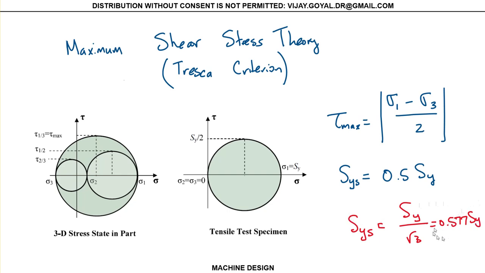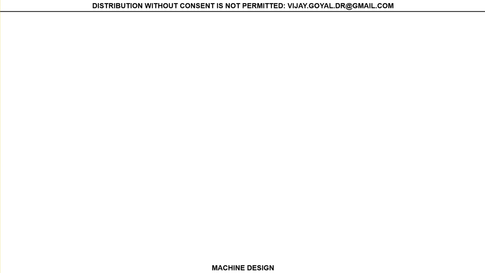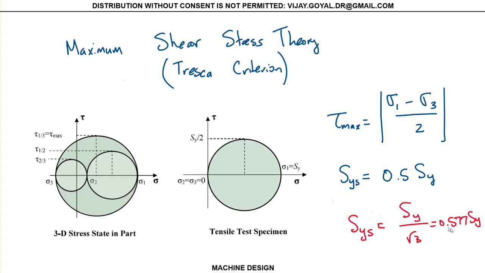This is also very commonly used, especially later when we design screws and springs. This number will be used a lot, but it is more accurate, whereas this one is more conservative in our approach.